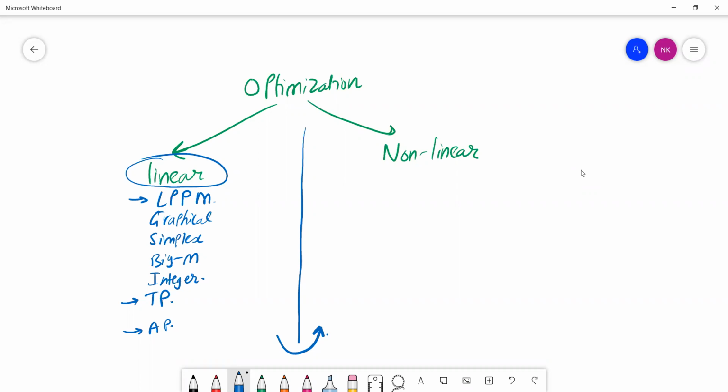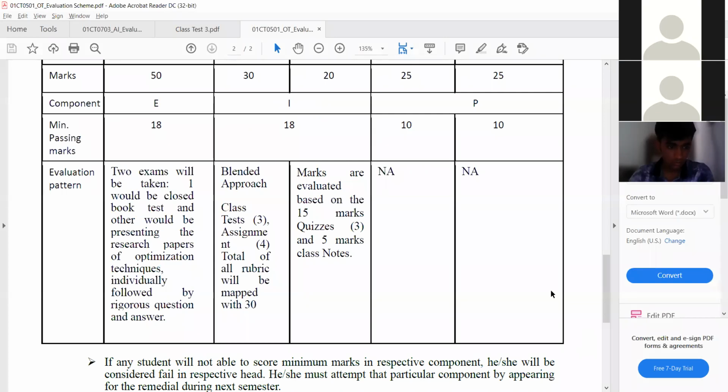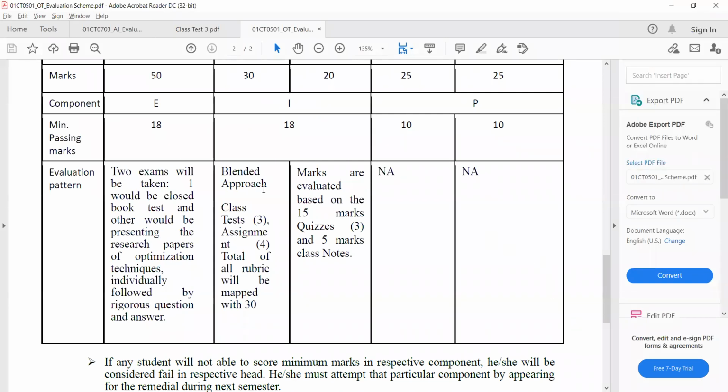Now, since we have completed this, let me again open the evaluation scheme. I hope the screen is visible to all of you. In this evaluation scheme, we have two exams to be taken.